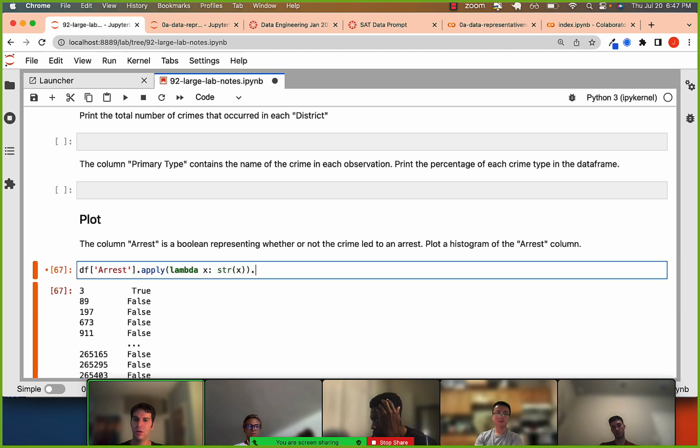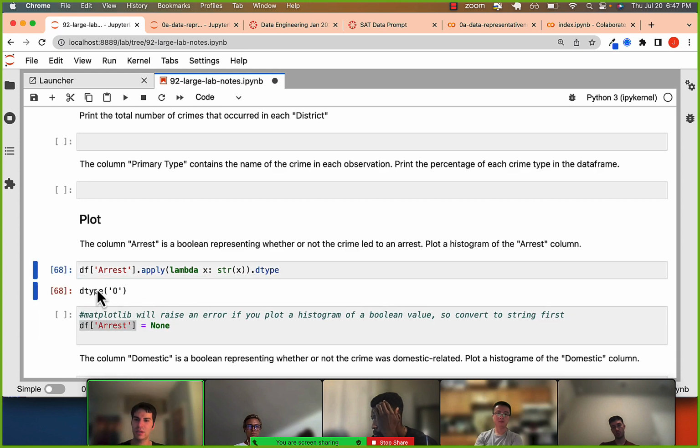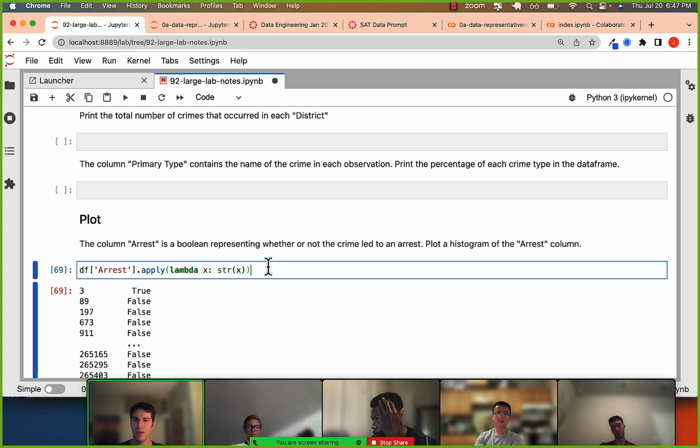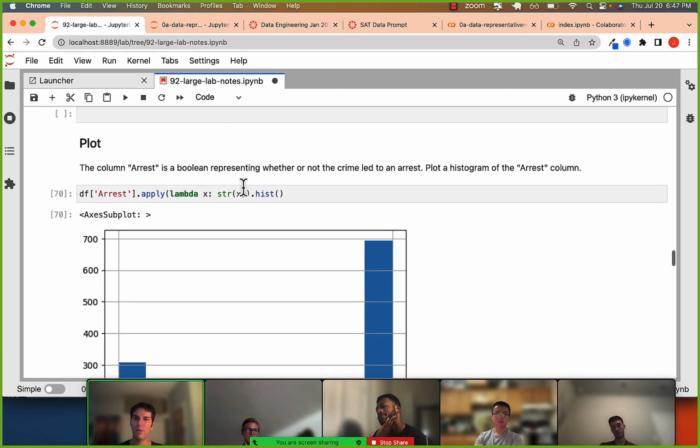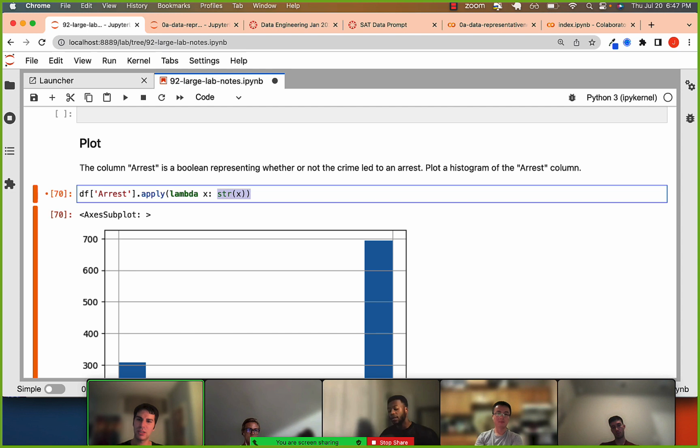And now, if you look at the dtype, this is of type object now, instead of a Boolean, meaning it's like a string. And then you can plot this as a histogram. So that was this one. As you can see, this is basically just like map. This takes each element in here and converts it to a string, and then plot that.